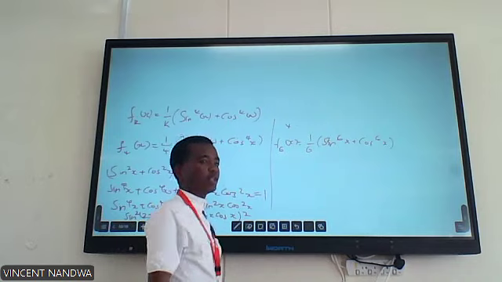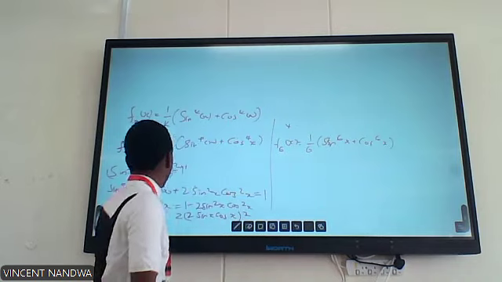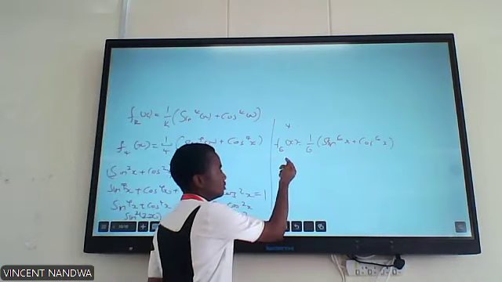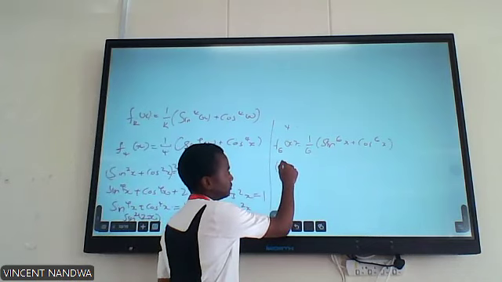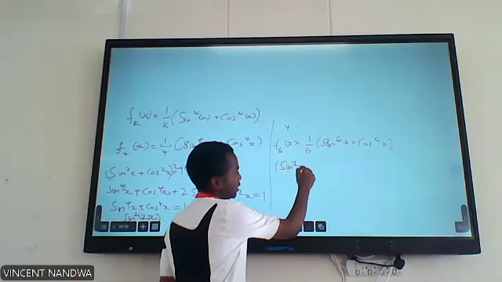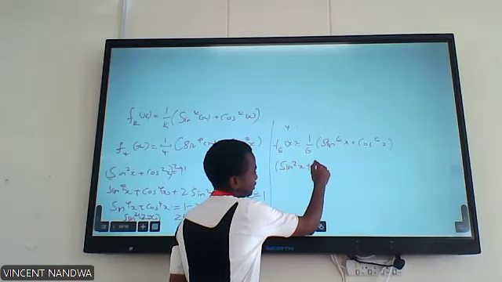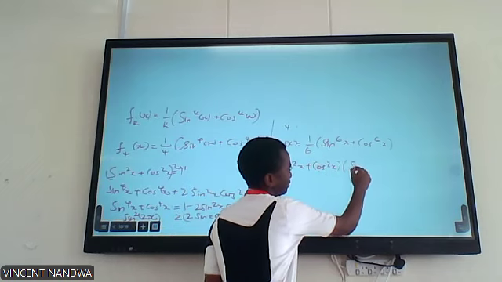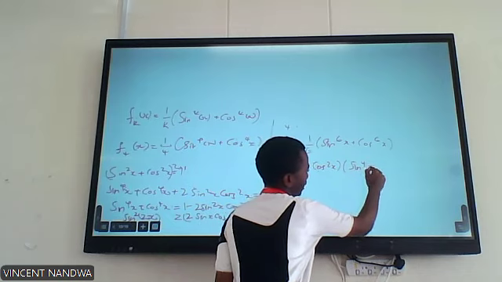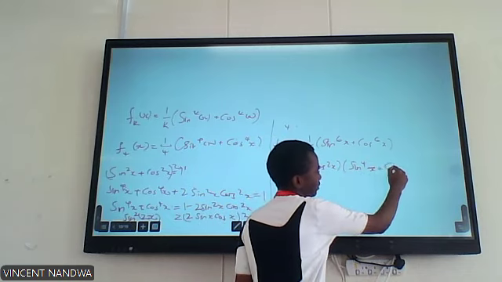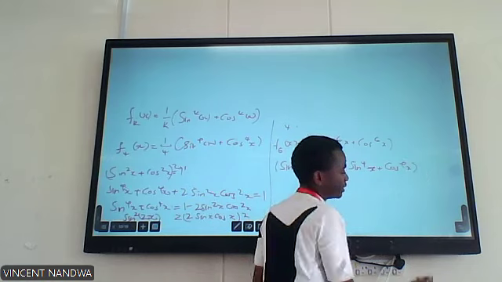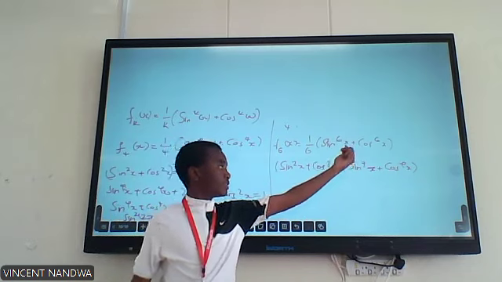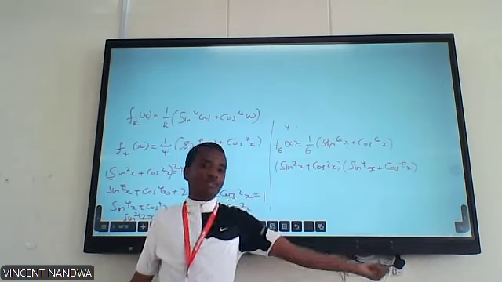So now we try to find a way we can manipulate what we have to get this, right? So we'll start with sine squared x plus cos squared x, and then times sine power 4 x plus cos power 4 x. So we expand this so that you can get the terms sine x to the power 6 plus cos x to the power 6.